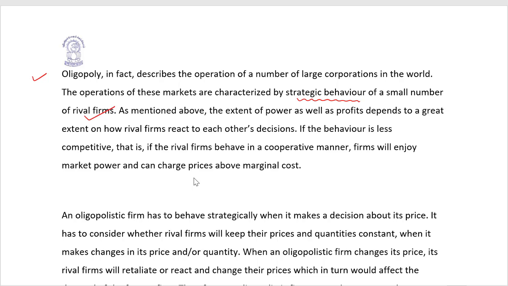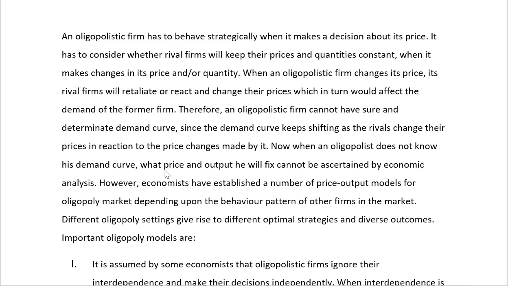If the behavior is less competitive, that is, the rival firms behave in a cooperative manner, firms will enjoy market power and can charge prices above marginal cost. An oligopolistic firm has to behave strategically when it makes a decision about its prices. It has to consider whether rival firms will keep their prices and quantities constant.